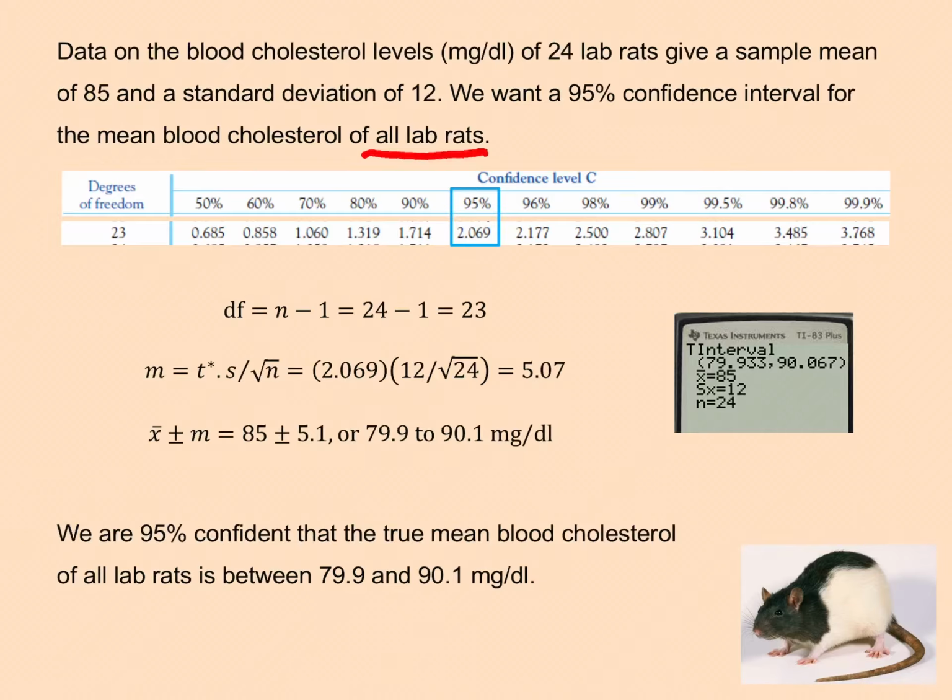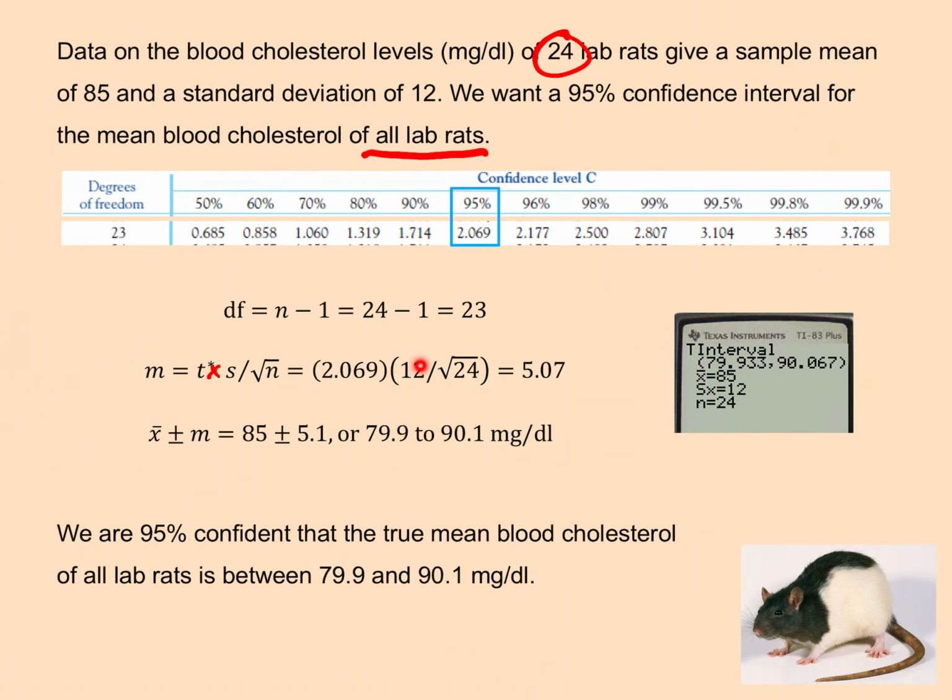So we go back to our table, table C, and we see a degrees of freedom of 23. Remember, n minus 1, 23. At 95% confidence, we have a t-statistic of 2.069, all right? Our margin of error is our t-statistic times, that's not a decimal, that's times, our sample standard deviation over the square root of n.